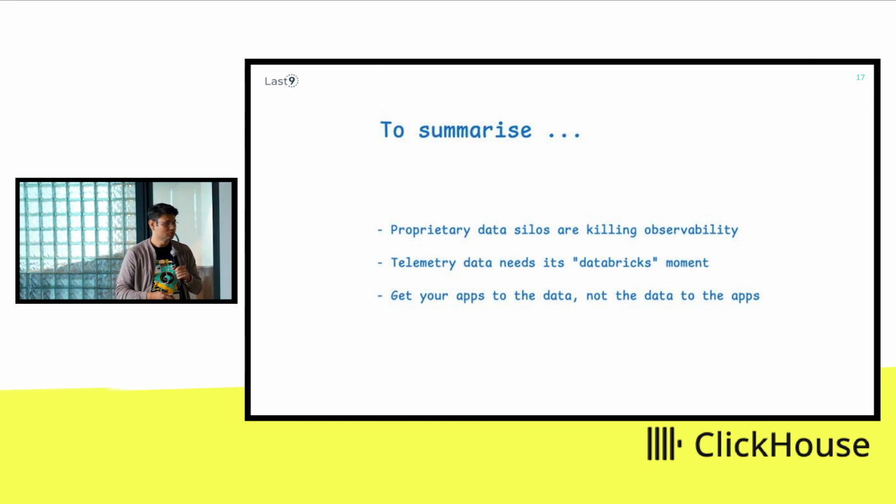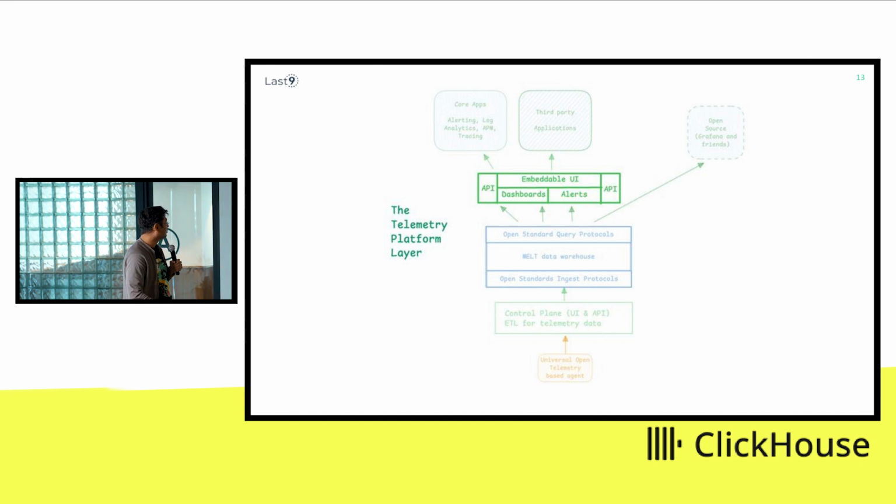So we have already started working with a few startups. In addition to the core apps that we have as part of our offering, we have started working with other companies to get third-party apps onto the Last9 telemetry data platform as well.